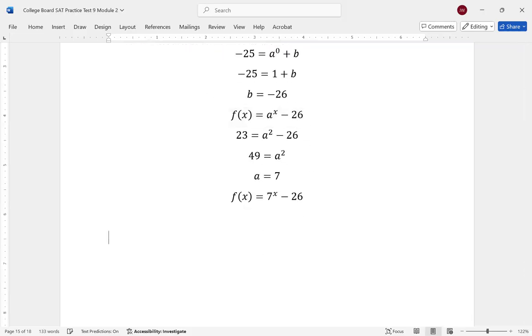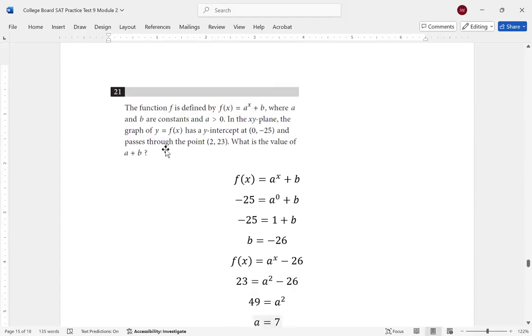Well, to answer that, a plus b is simply 7 plus negative 26, which is negative 19. And therefore, negative 19 is the answer to question 21. We're looking for the value of a plus b, and that value is negative 19.